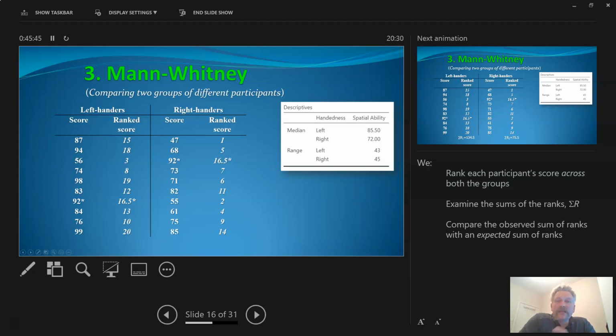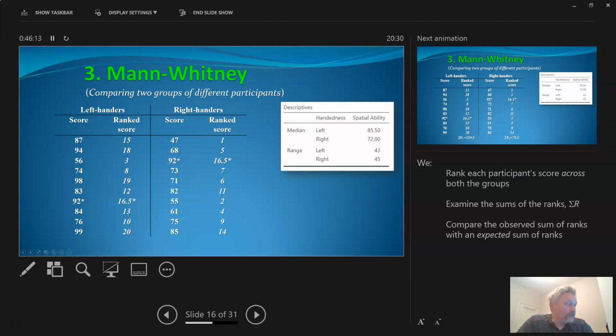Now, the first step again is merely ranking your data, but in this case, rather than ranking per group as we did per condition in the Wilcoxon, what we're going to do here is rank all the scores across all participants. So from our two groups' worth of data, we find out whichever was the lowest score.